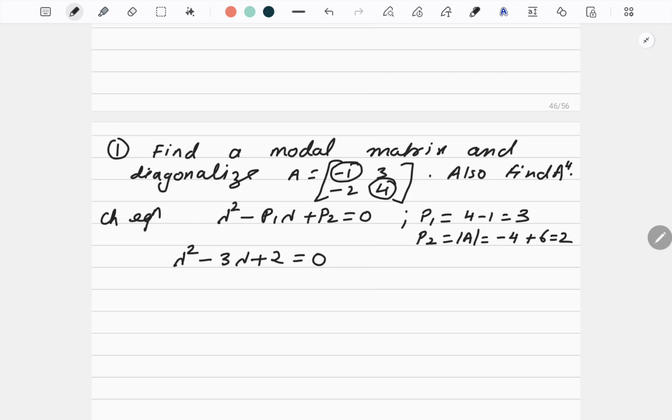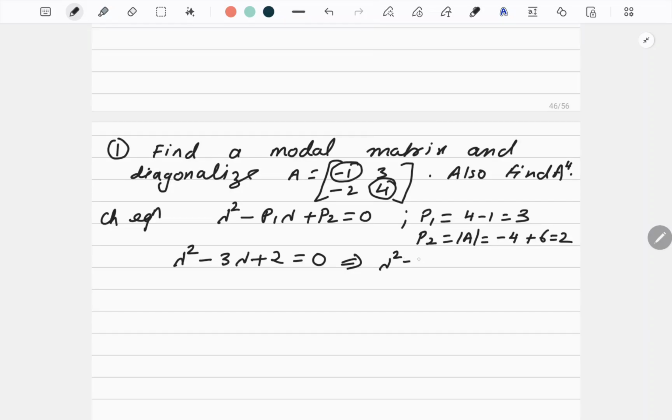Now the roots of this characteristic equation give me the characteristic roots, which are also known as eigenvalues. So let me find the roots. You all know splitting the middle term: write 2 factors of 2 whose sum is 3.